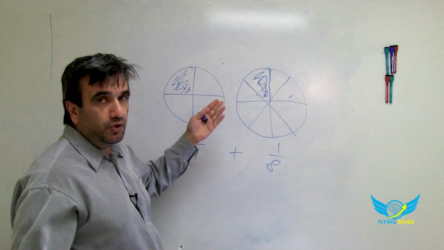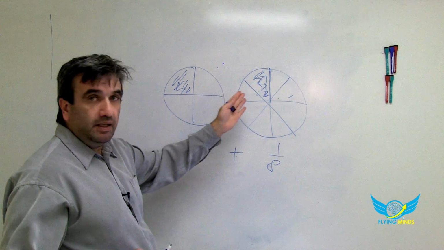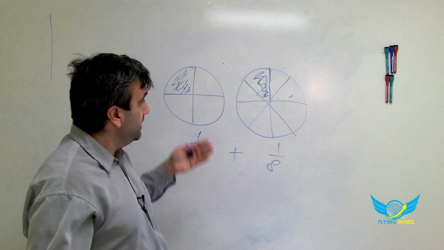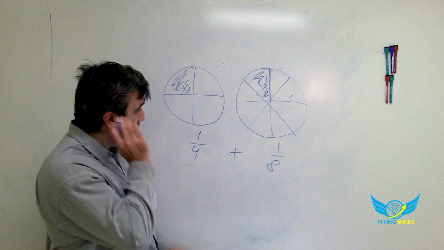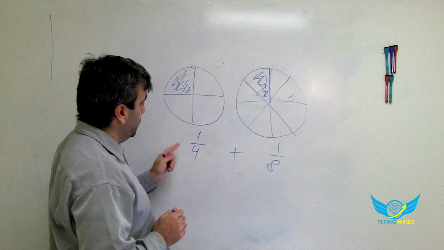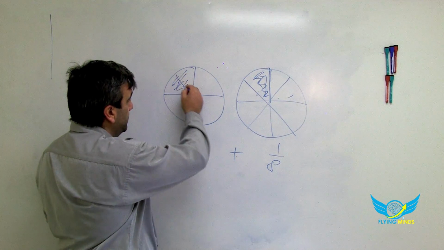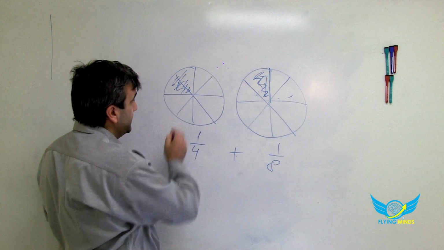So what we have to do is make the slices equal, the same. To make them the same, we have to divide this pizza into 8 slices.